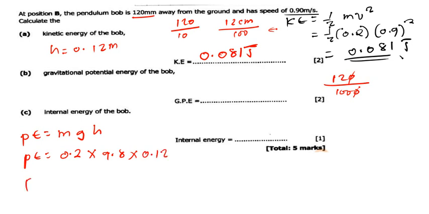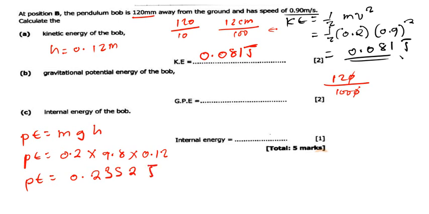So the potential energy will be equal to 0.2 times 9.8 times 0.12, and I'm getting my potential energy to be 0.2352 joules.